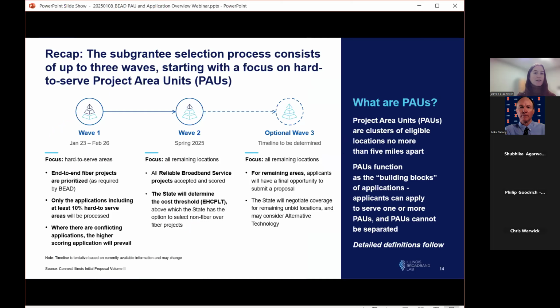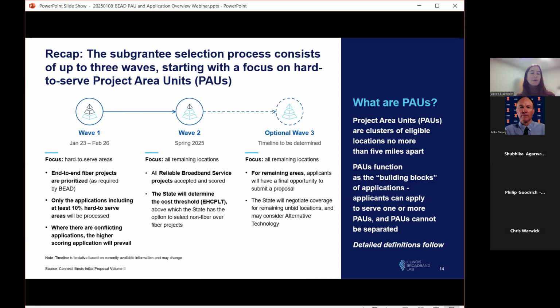Then wave 2, so at the start of wave 2, we will publish updated project area units, meaning removing ones or graying out ones from the map that have already been preliminarily claimed during wave 1. So wave 2 will accept applications and score applications from all reliable broadband service technologies. Again, regardless of hard to serve locations, that's really only relevant in wave 1.